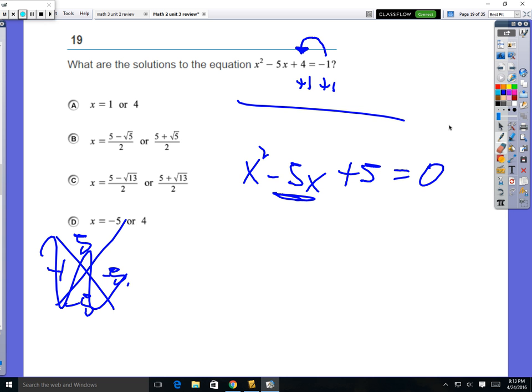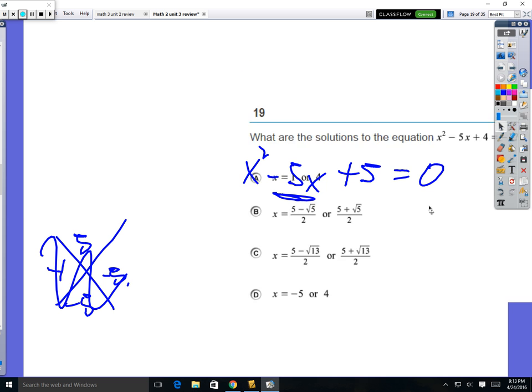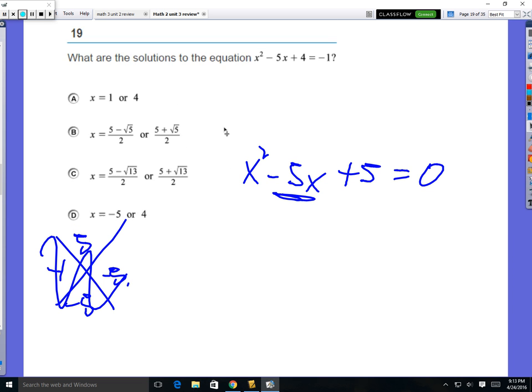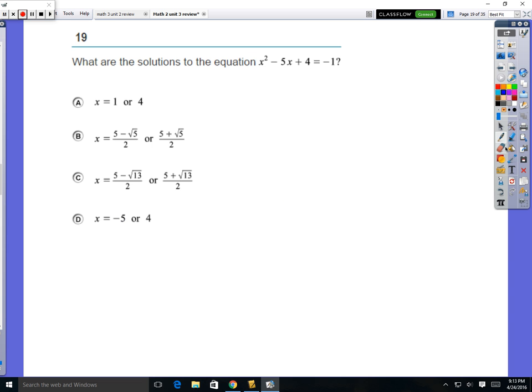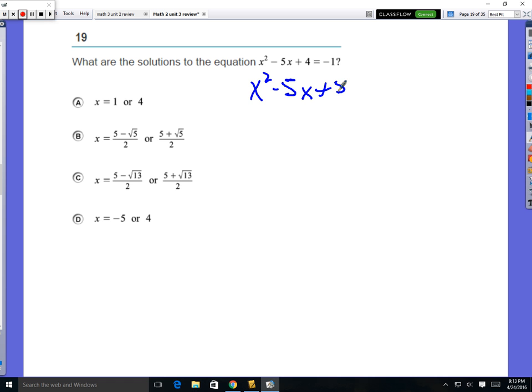If you cannot factor it, the quadratic formula is the way to go. So you've got to get it in standard form, which we do. So we got x squared minus 5x plus 5 equals 0. A is how many squares you got: 1. B is how many linear pieces you got: a minus 5. C is how many constants you've got.